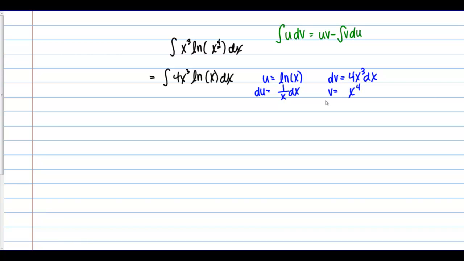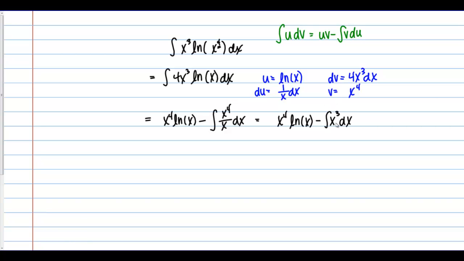Okay, so let's rewrite our expression. u times v is x to the 4th natural log of x, minus the integral of v du, which in my case is x to the 4th over x dx. If I simplify that, I have x to the 4th times the natural log of x minus the integral of x cubed dx.